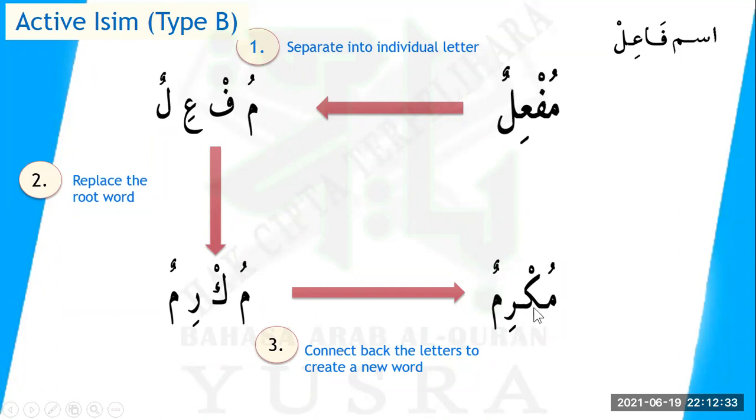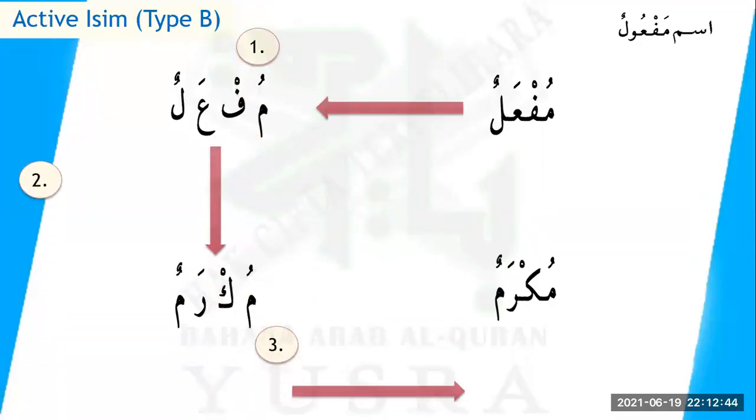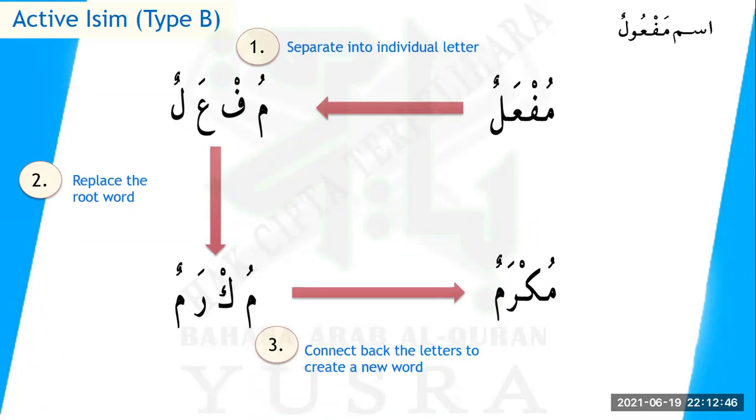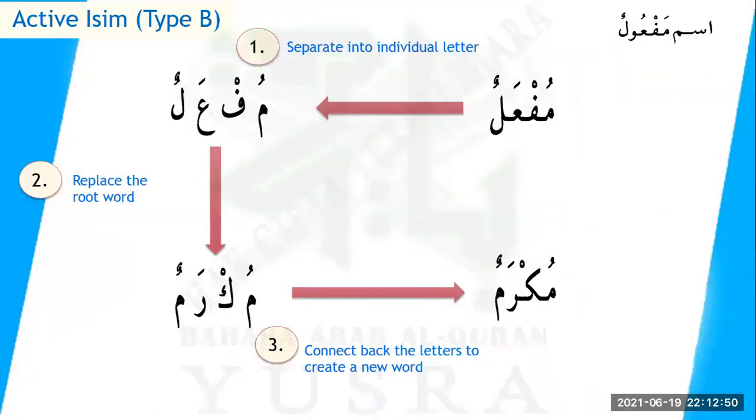Mukrim. Remember, the second letter takes a kasra. It's active. For the passive form, the second letter takes a fatha. Also begins with a mim. Muf'alun, takes a fatha.